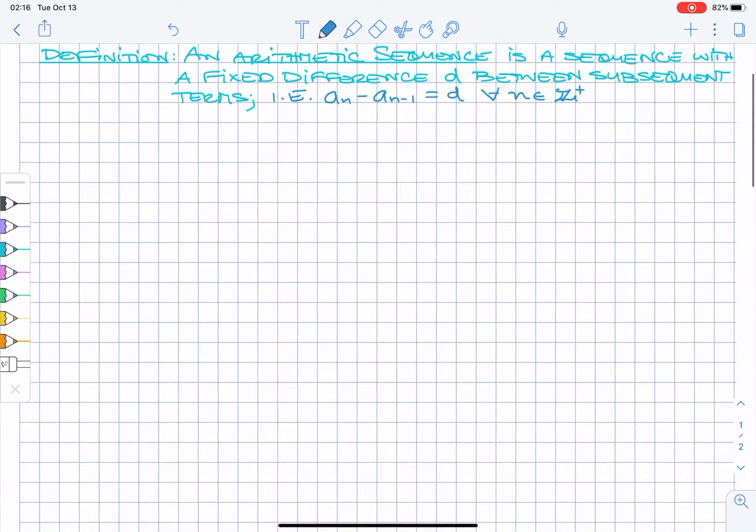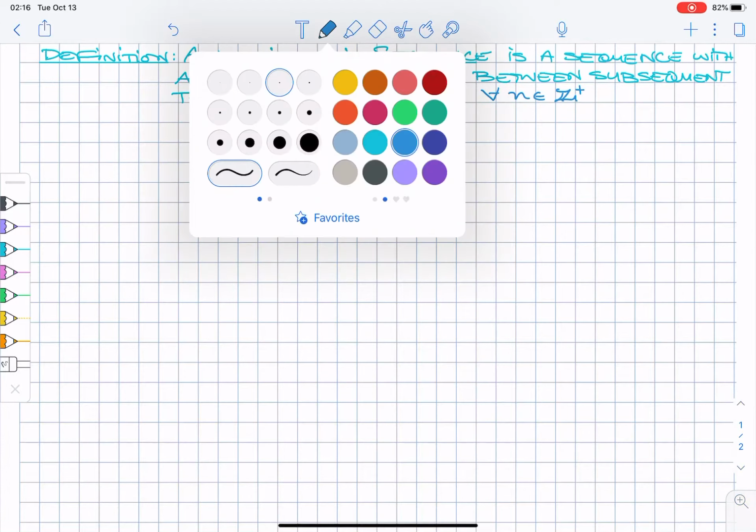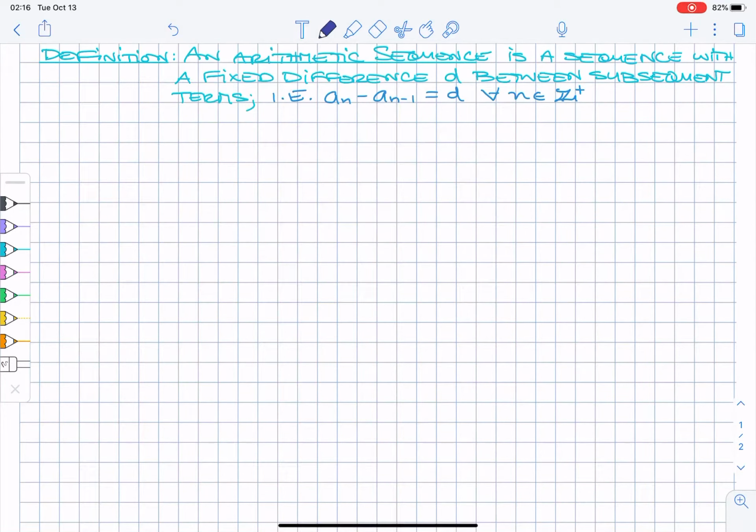Okay, so let me write it more explicitly. A sub n can be written as a1, plus the common difference d, a1 plus twice the common difference d, a1 plus 3 times the common difference d, etc. We're just adding one more d each time.